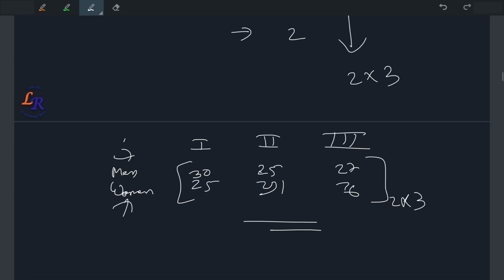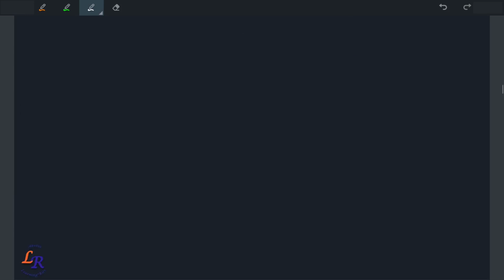So let's have another example. Suppose the element of a matrix is given as 1 upon 2 mod of i minus 3j, and you are asked to construct a matrix of the order 3 cross 2.